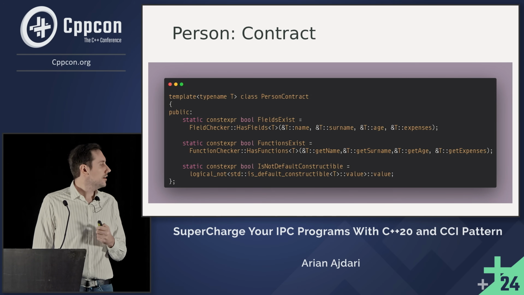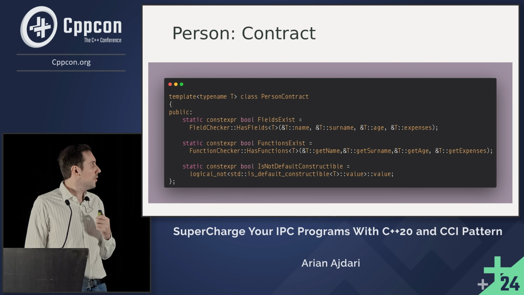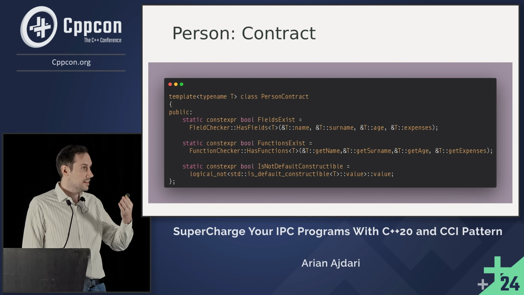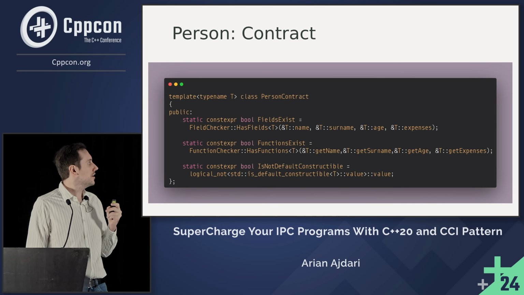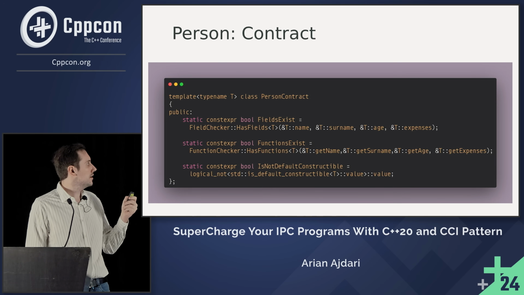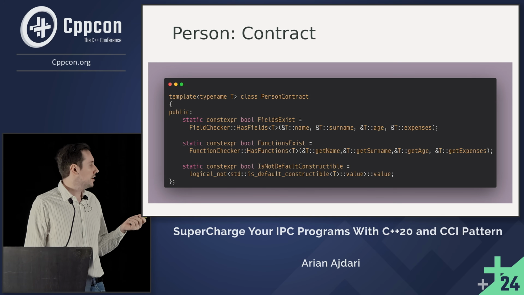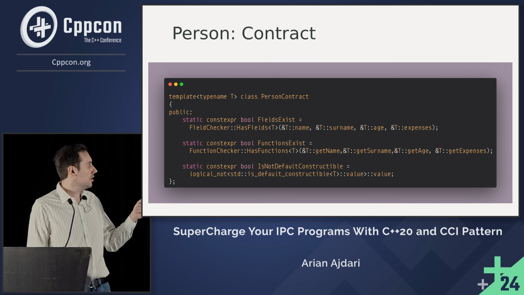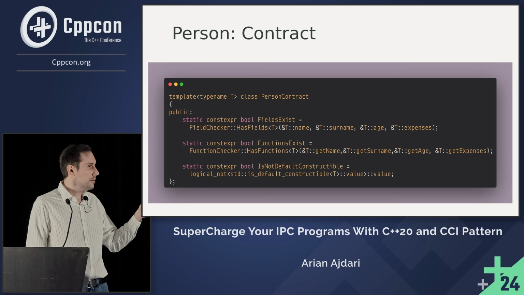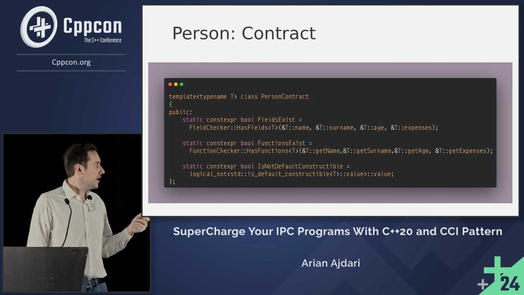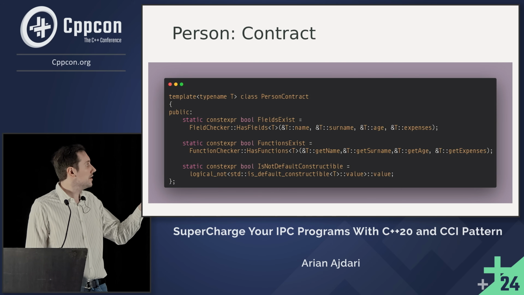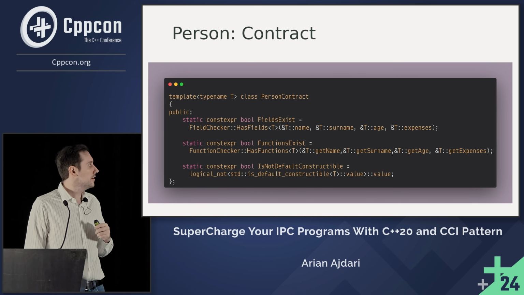So the first clause that we want to write, we want to make sure that our class person has those particular fields. So we call the field checker contract, and we look at the clause called has fields. We provide T as a type. In our case, it's going to be person, and we check whether we have name, surname, age, and expenses inside.